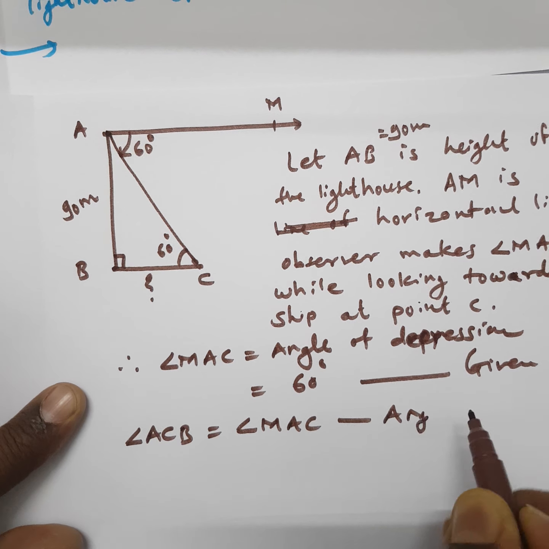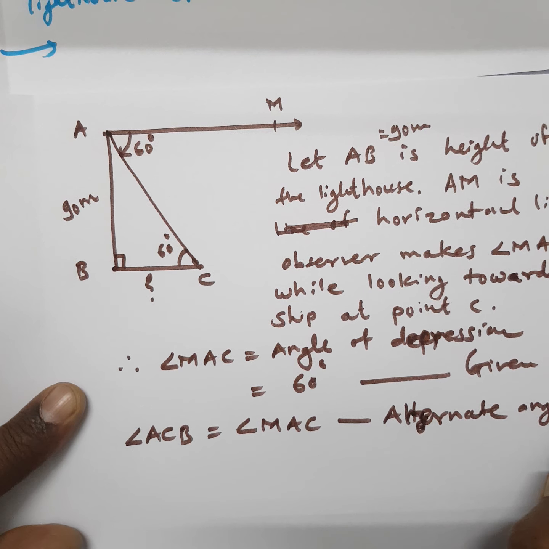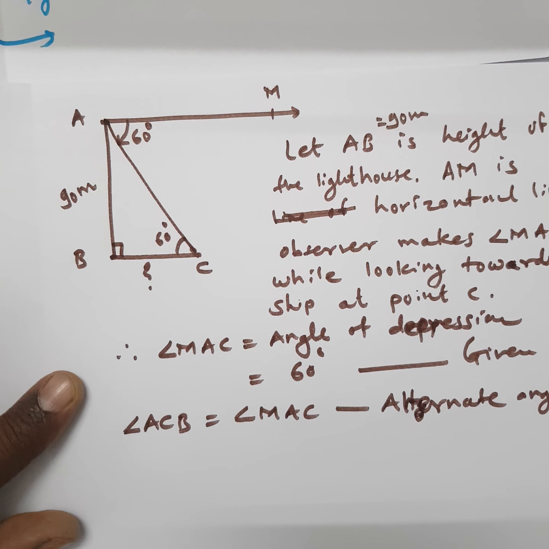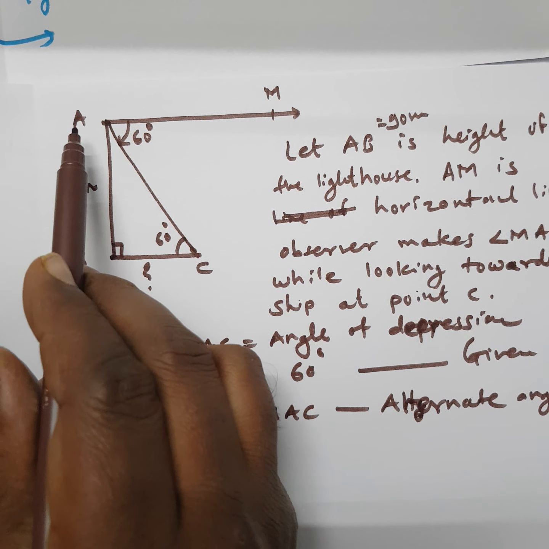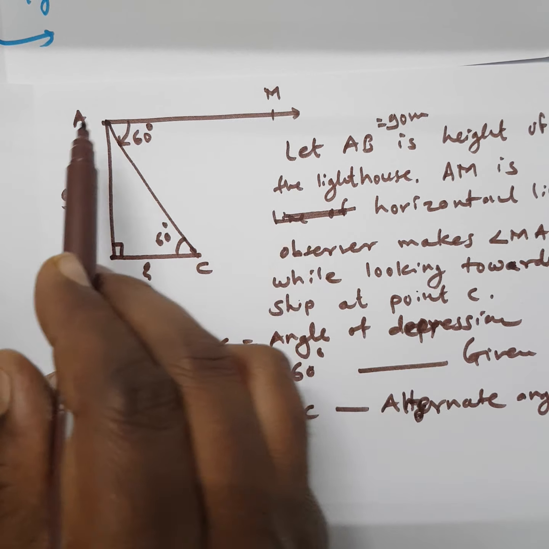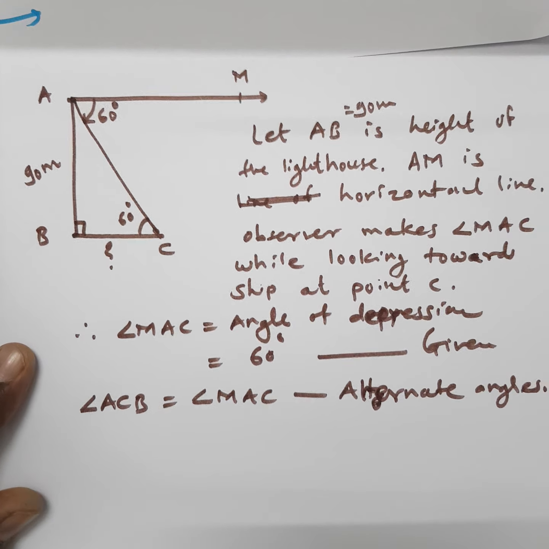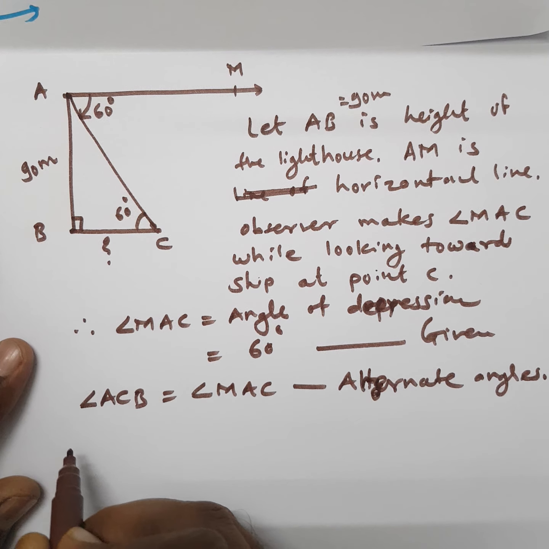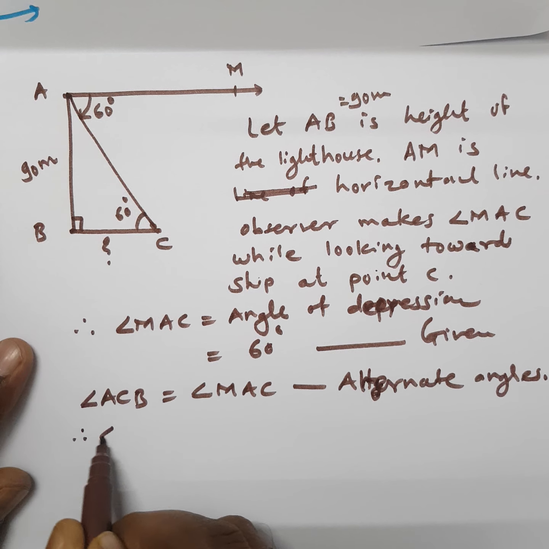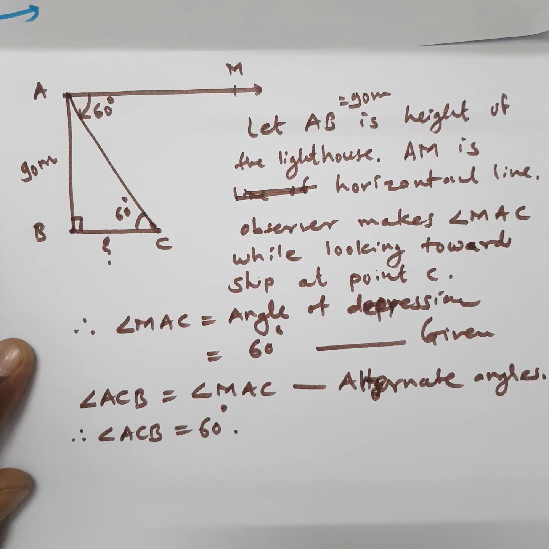These are alternate angles of each other, because side BC of triangle ABC and line of vision, that is here horizontal line AM, are parallel to each other. Therefore, angle ACB is equal to angle MAC. Therefore, angle ACB is equal to 60 degree.